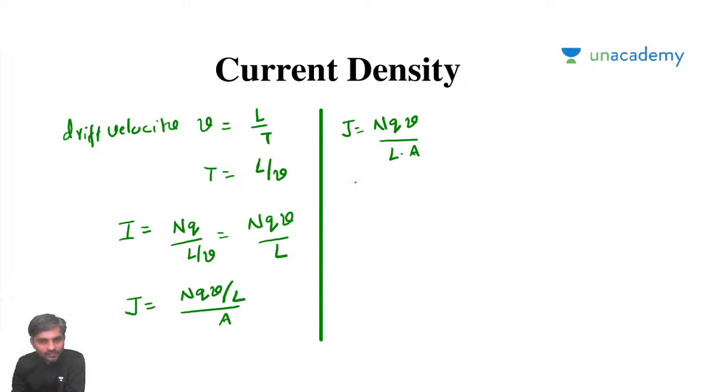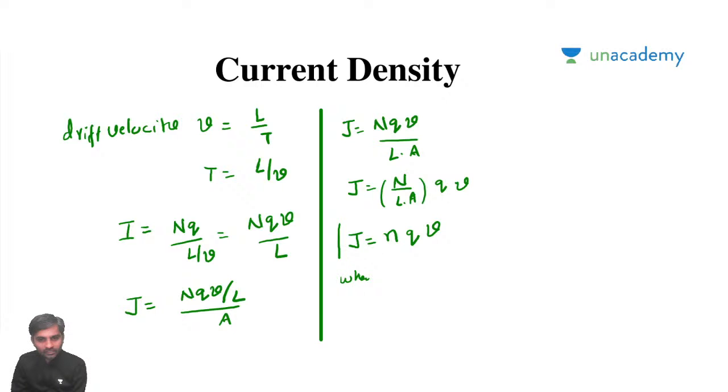Now I'll write n as the total number of electrons per unit volume, N into L by A, into q into v. So J is equal to nqv.